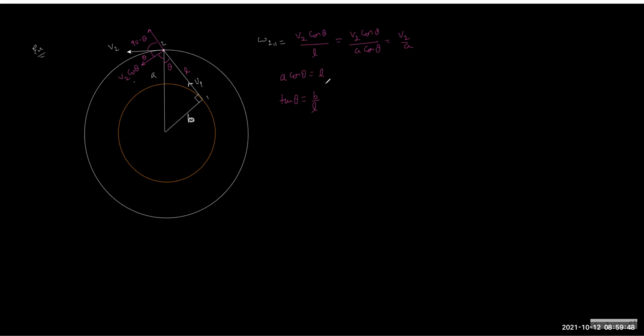And the perpendicular will create the rotational motion. Even if you find it relatively, it's always V2 cos theta. And the separation is L, so we divide by L. And L can also be written as A cos theta. So this turns out to be V2 by A.